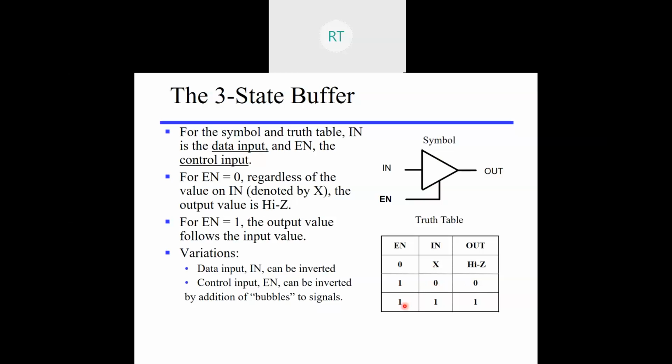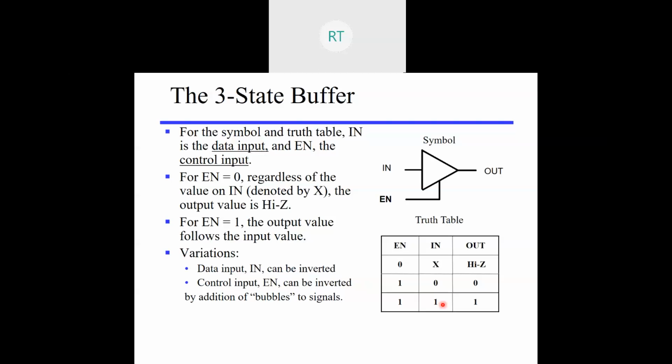If enable is 1 and input is 1, 1 will pass. So I repeat, enable, it is like a switch. If a switch is off, you will not get any output. If the enable is 1, now you check what is the input. Okay, so this is end of chapter 2.